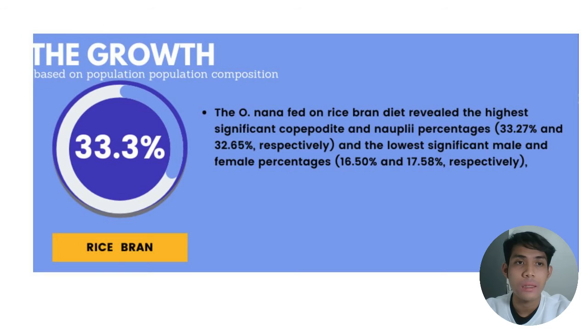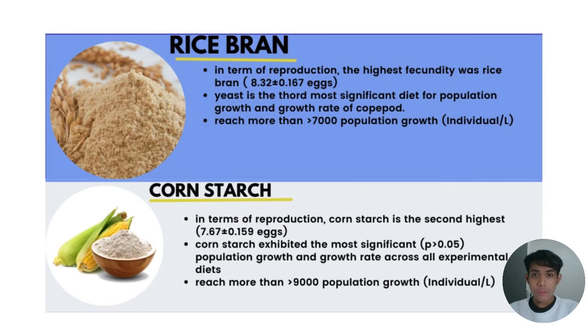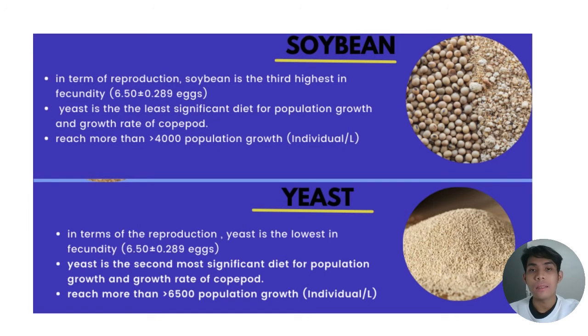As the result, the artificial diet rice grain was the highest in terms of growth based on population composition. Among the four artificial diets, in terms of reproduction, rice grain took the highest place in the copepod diet. Meanwhile, the second place is cornstarch, the third place is soybean, and lastly is yeast.